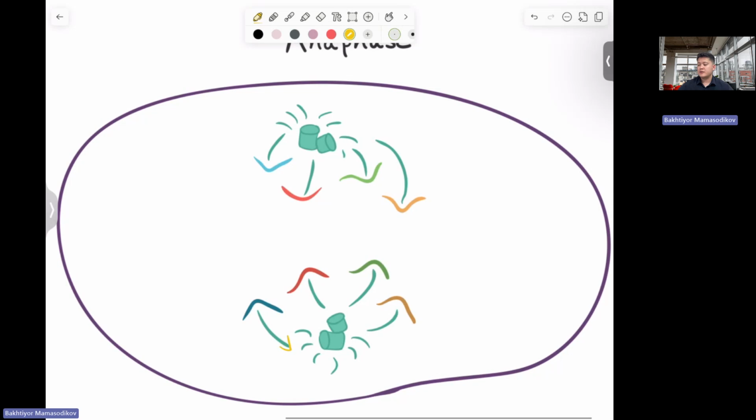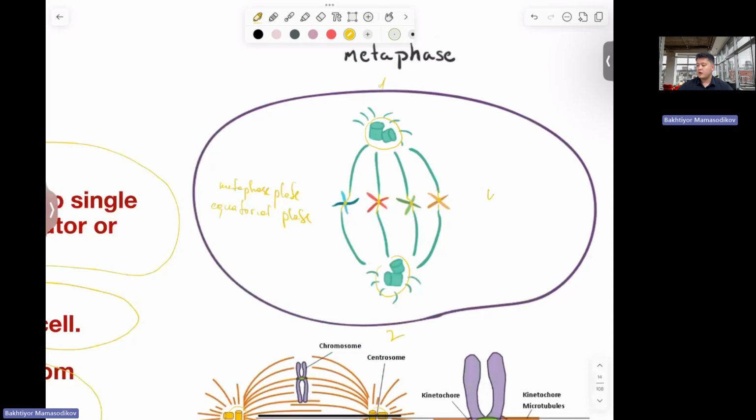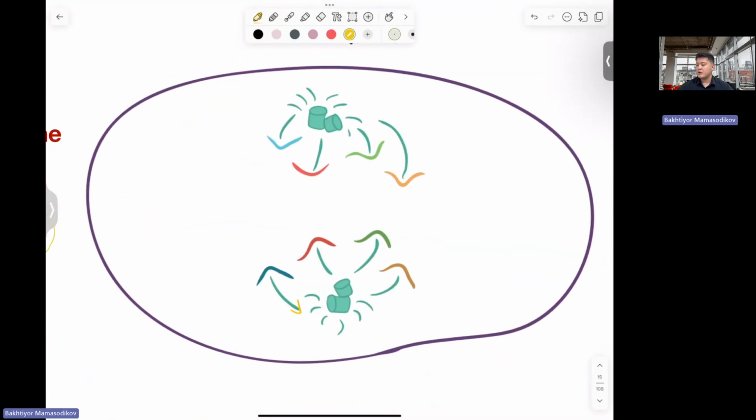The question arises, how many chromosomes here now? Before that, we had 4 chromosomes, right? What about in the anaphase? Now we have 1, 2, 3, 4, 5, 6, 7, and 8 chromosomes. We have 8 chromosomes in one cell now, because we haven't divided the cell yet.